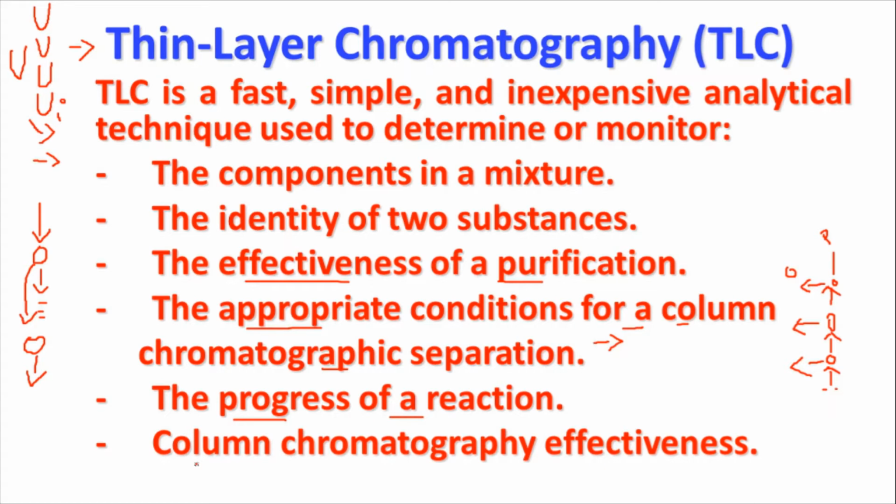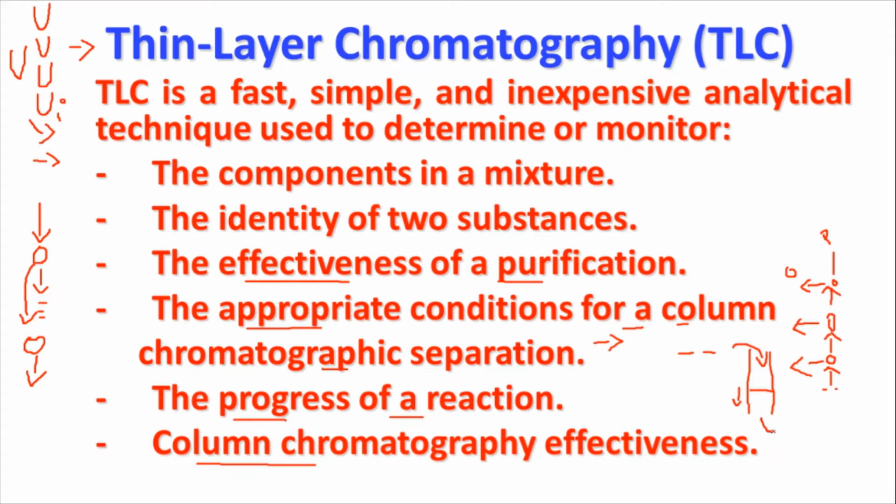Okay. Last one is column chromatography effectiveness. You know very well, suppose how much stationary phase we are using, what mobile phase we are using, and we can change the polarity of the solvent, and at what time it can elute, and how much of the column we can select.